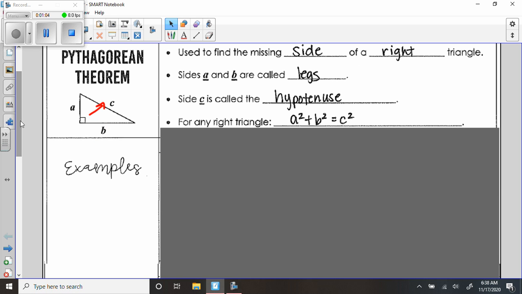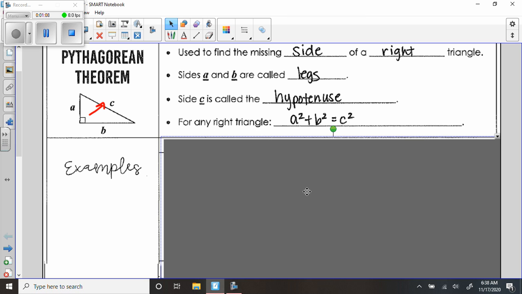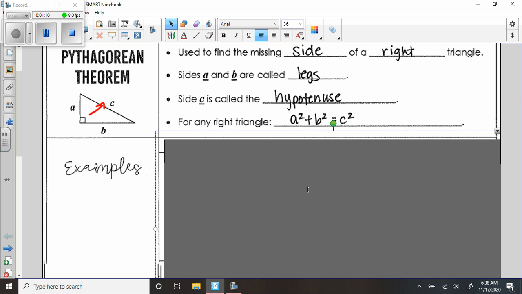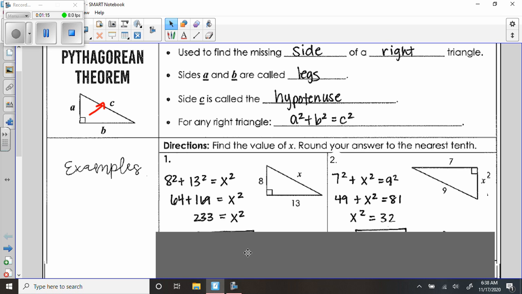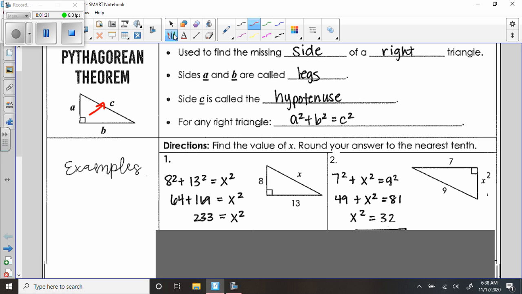Let's do a review question of finding the hypotenuse. All right, so here are questions 1 and 2. They're both already filled out for you.